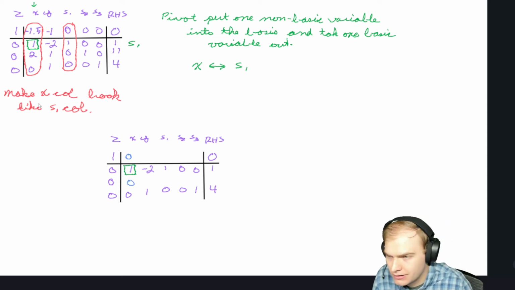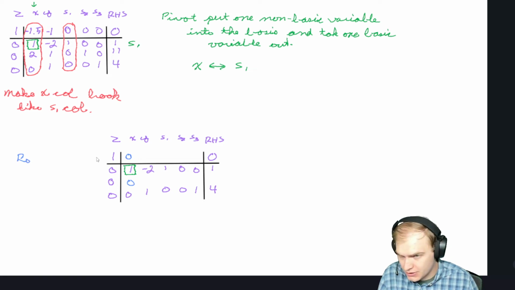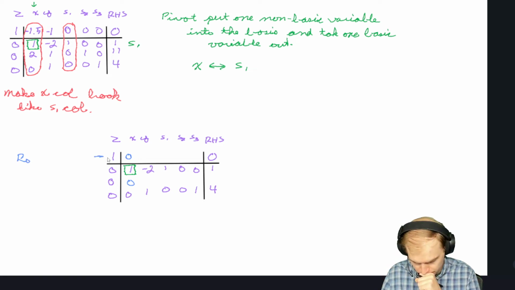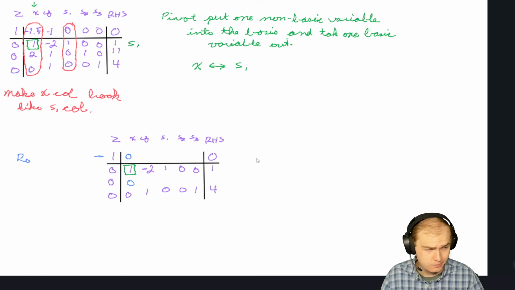So we do that by letting R0 be our objective row.